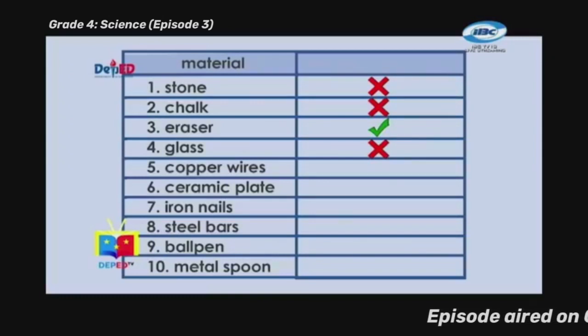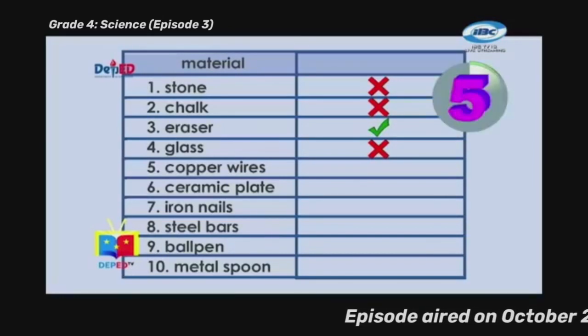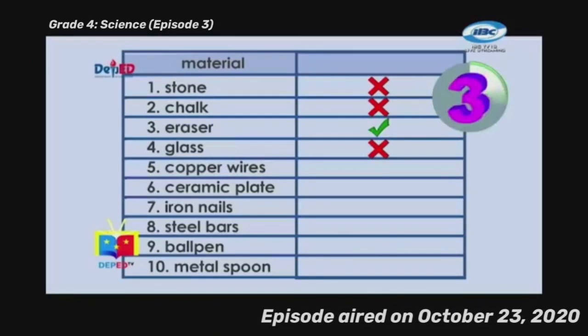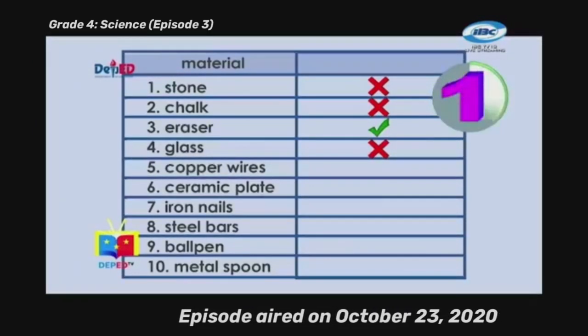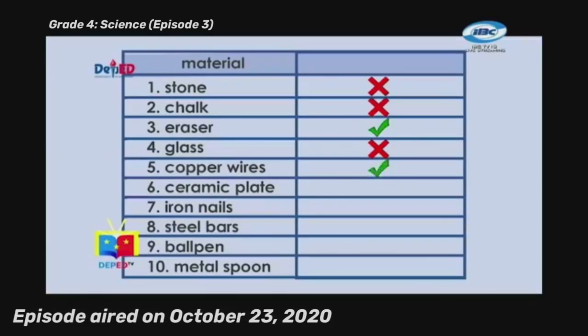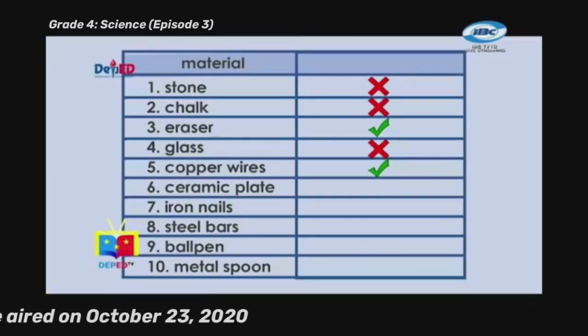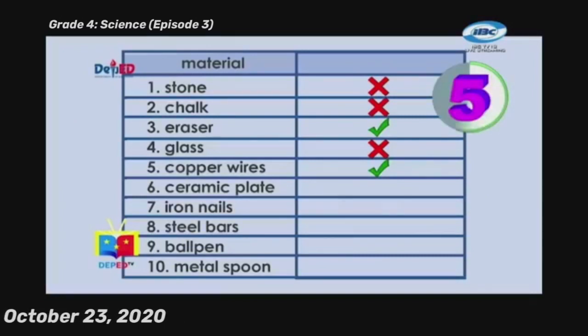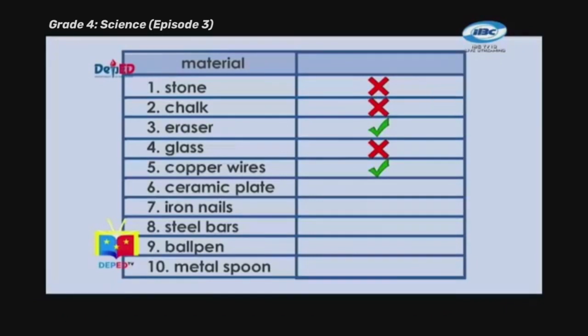Our fifth material are copper wires. Copper wires can be bent. Our sixth material is a ceramic plate. A ceramic plate cannot be bent.